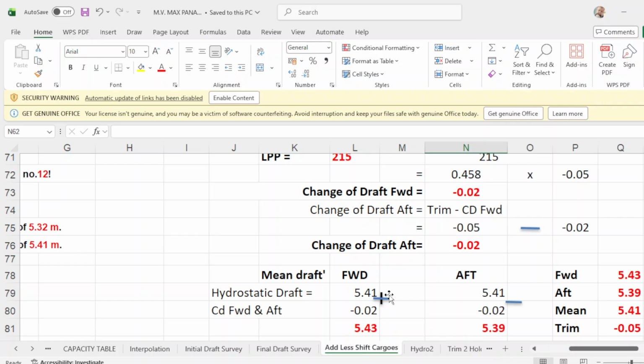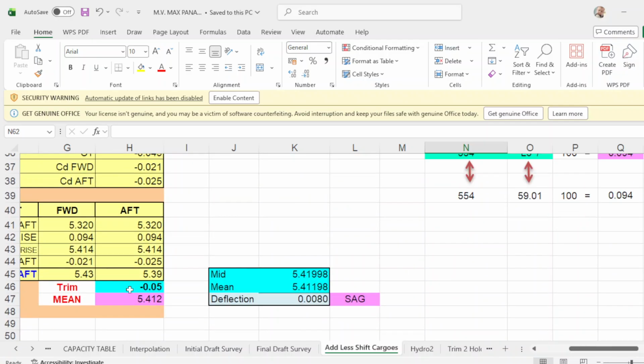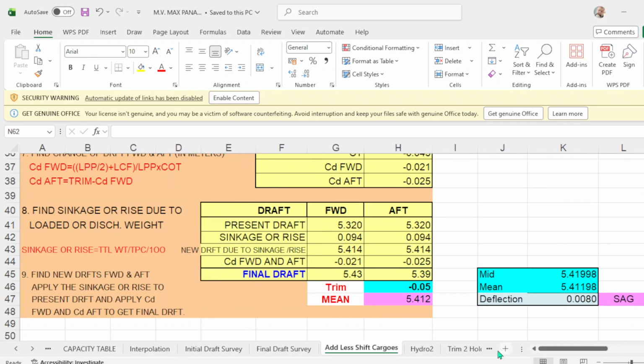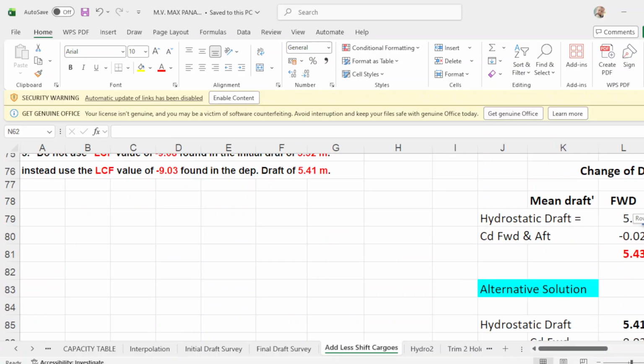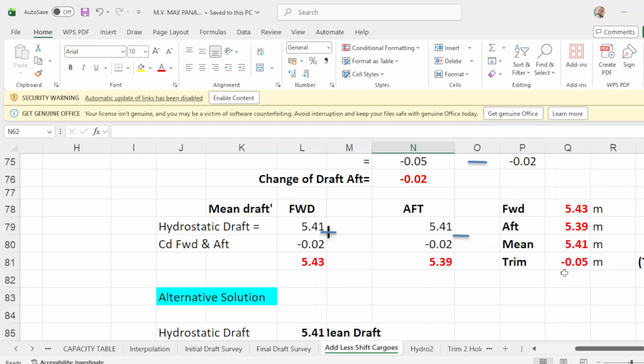Then you add this one because you have more draft forward. That will be 5.43, and aft draft will be 5.39, which is the same with your figure here of 5.39. Okay, and 5.43. What you got here? 5.43. Okay, then your trim is negative 0.05.